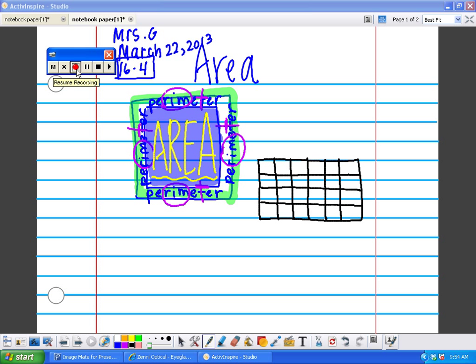What does this remind you of? Array. An array. Write that word down. We have already talked about arrays, haven't we? When we very first started looking at multiplication problems, we drew pictures of them, and we drew them with X's or with boxes, and we called them arrays.